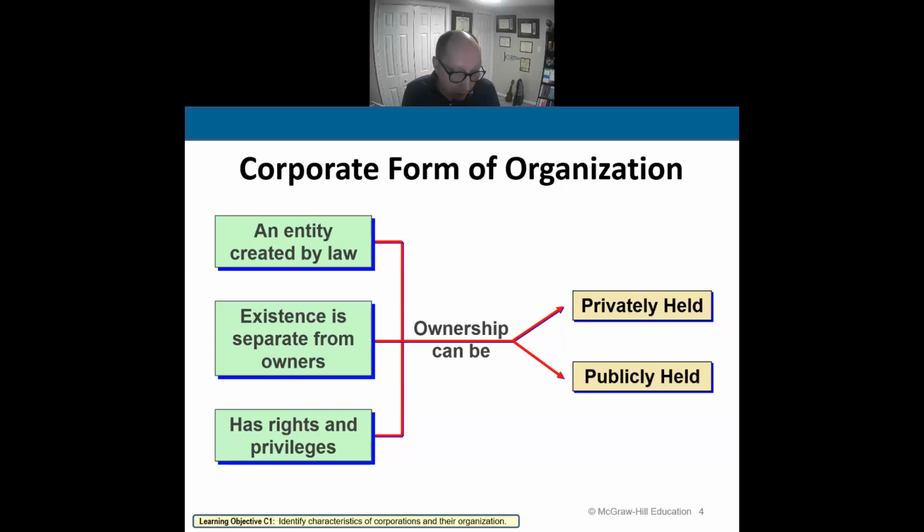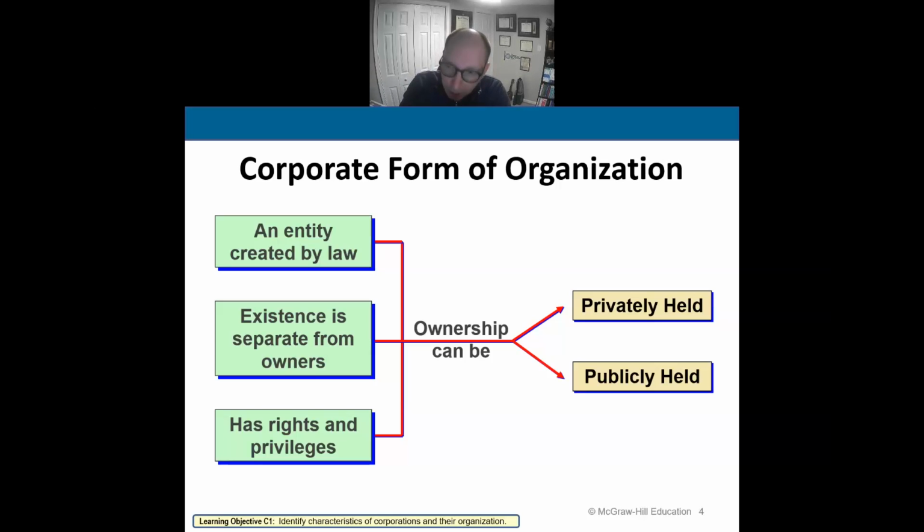You go to the Dow Jones Industrial, or the S&P 500, or wherever, and you can buy stock, right? That's what it means to be publicly held. It's held for the public's interest. So publicly traded companies are very well known companies that have stock that you can purchase publicly, right? Anyone can buy the stock. That's what it means to be publicly held.